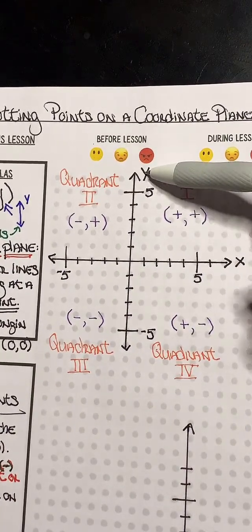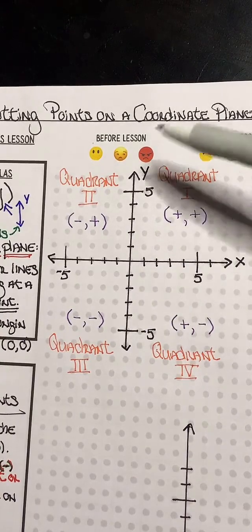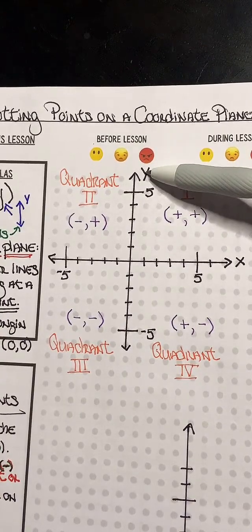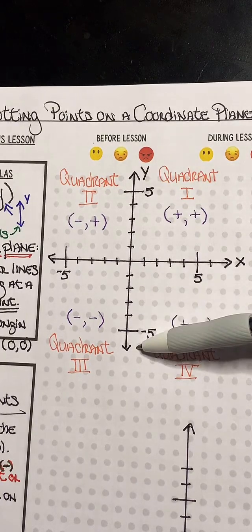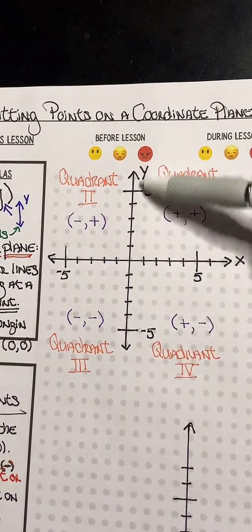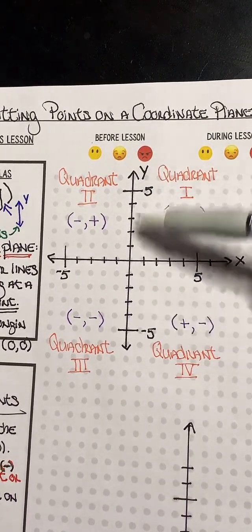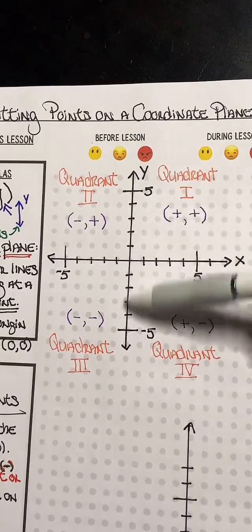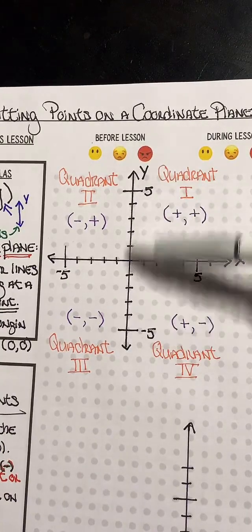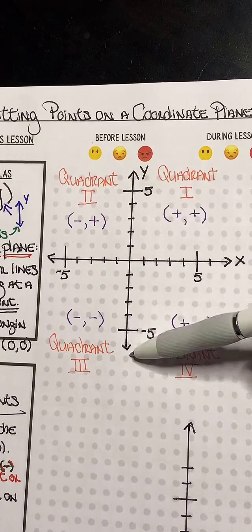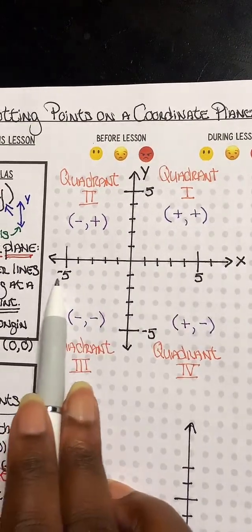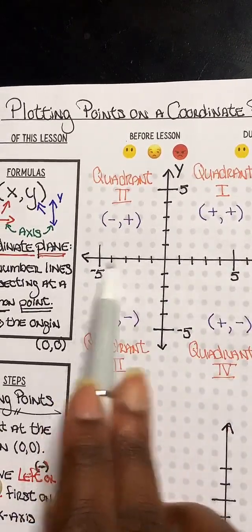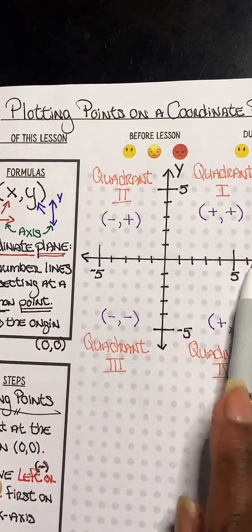Okay? From the top to the bottom, you're going to go from positive infinity for your y's all the way to negative infinity for your y's. Okay? So your y values, your y axes, axes meaning line. Okay? So your y axes go up and down. Okay? Your x-axis goes right to left or left to right.